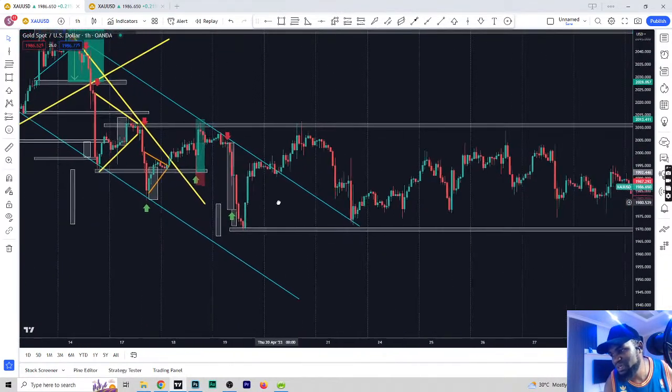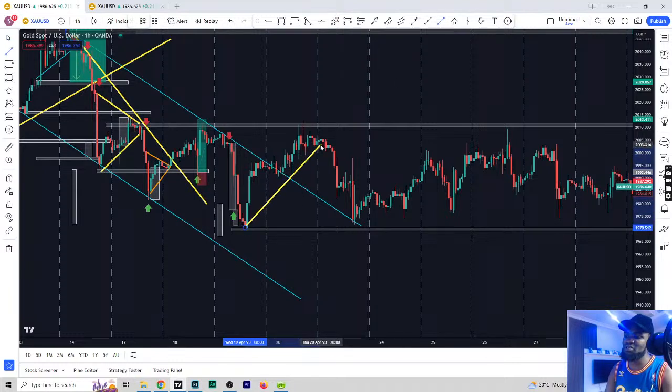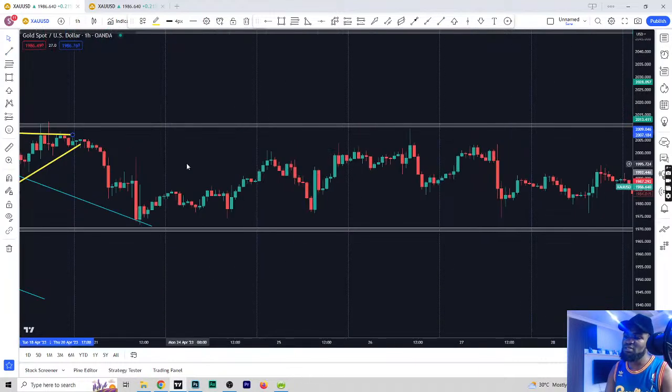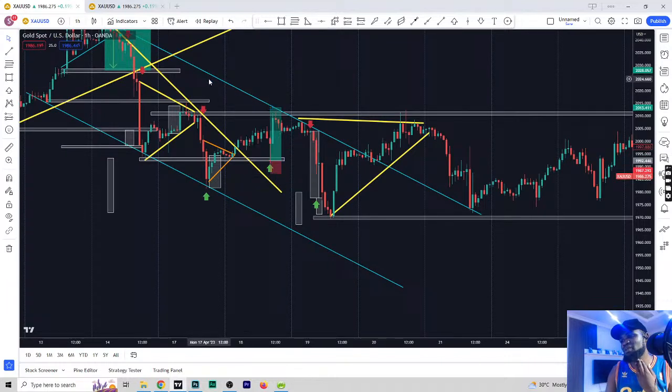Alright, so we already reached this level. Then we need to see the market is making consolidation in the form of a wedge pattern. After making consolidation in the form of a wedge pattern, then you need to enter into a buy or a sell. So we have another very beautiful chart pattern here. We are waiting for the breakout, and the breakout was happening at the trend line.